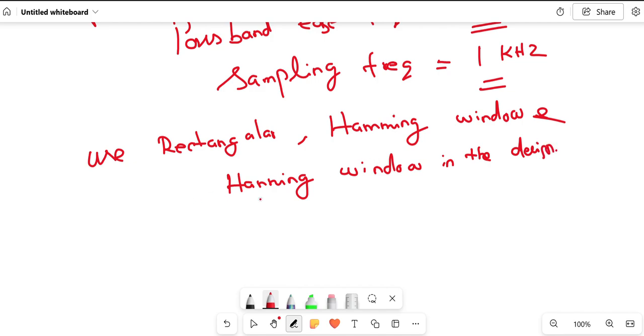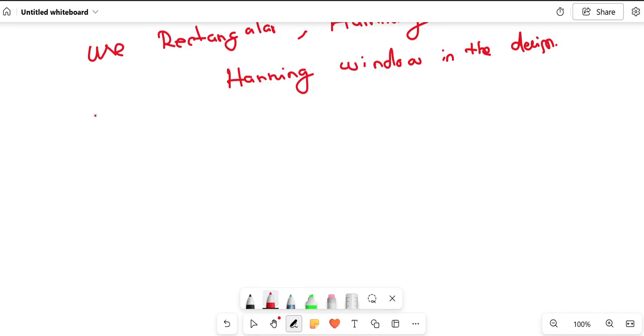So the clue has been given. What is the given specification? The cutoff frequency is equal to 0.25 kilohertz.